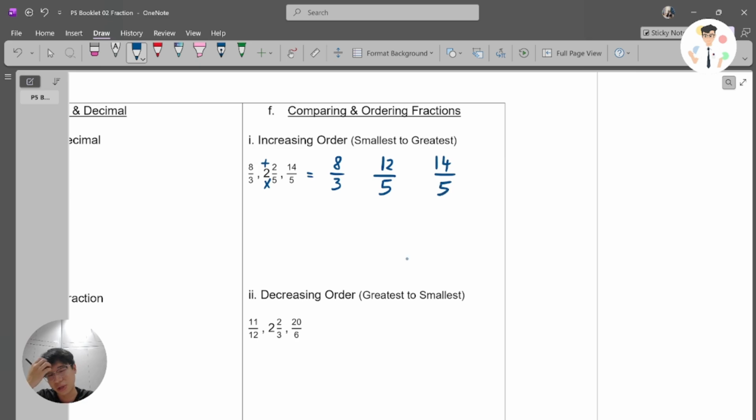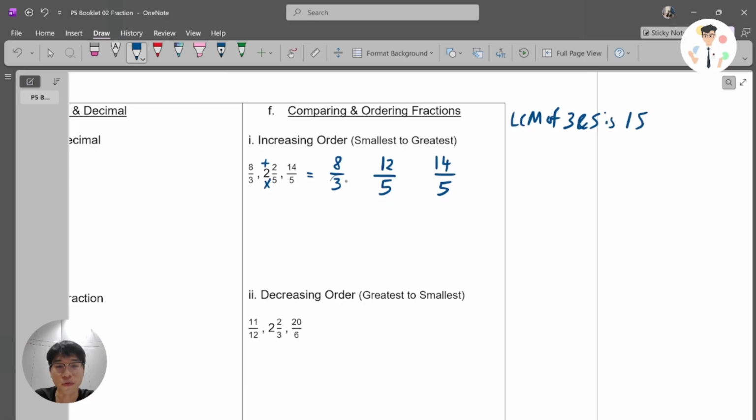And of course, if we look here, we basically know that this is actually greater than this. But let's do the most proper way, which means we make the denominators all the same. What is the LCM of 3 and 5? As you know, that will be 15.